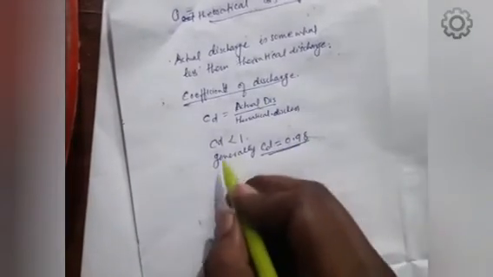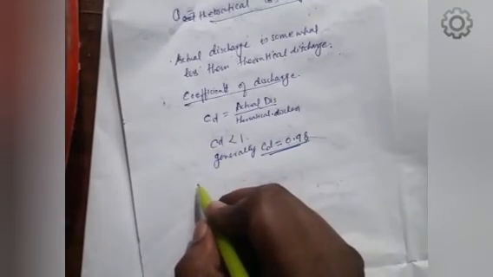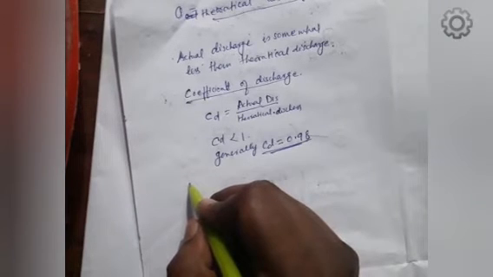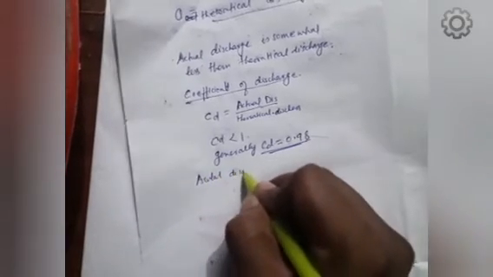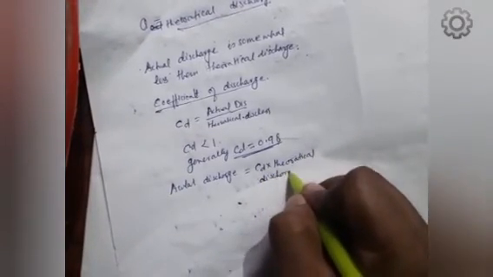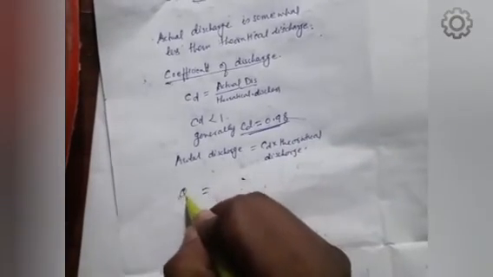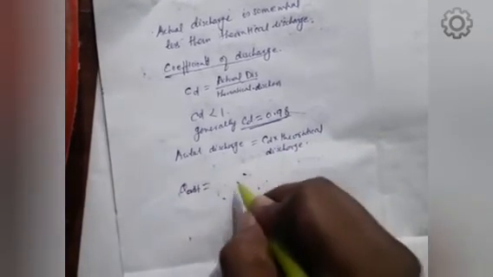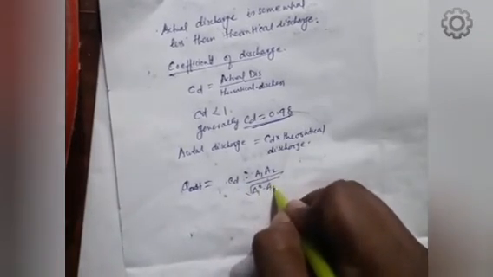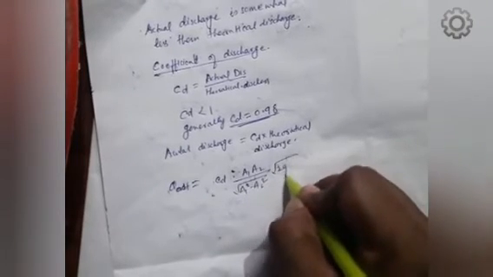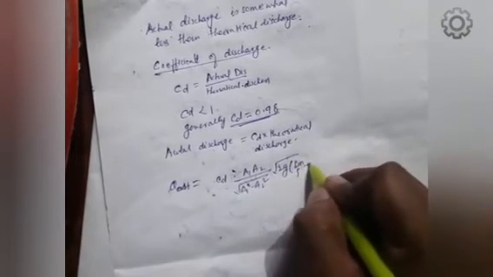So from this equation, actual discharge becomes CD into theoretical discharge. So Q actual is equal to CD into A1 A2 divided by root under A1 square minus A2 square, into root under 2g rho m by rho minus 1 into del h.